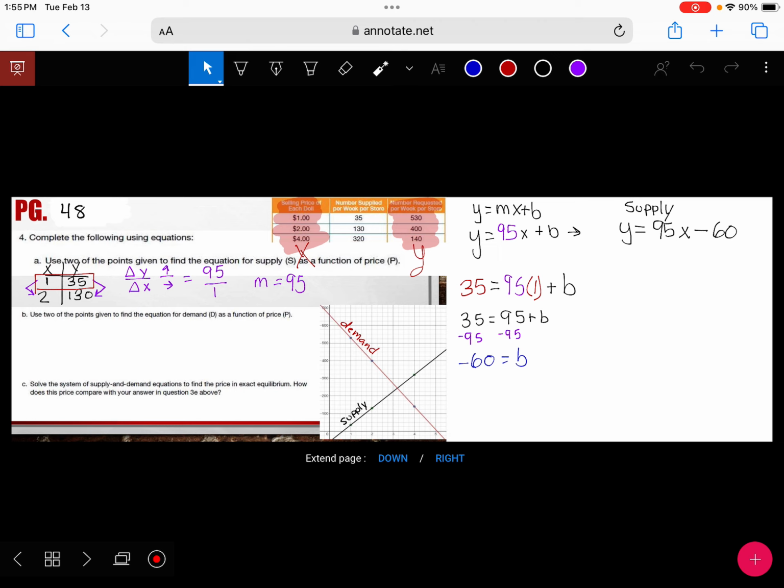Or how about that previous equation? That's literally on the board.